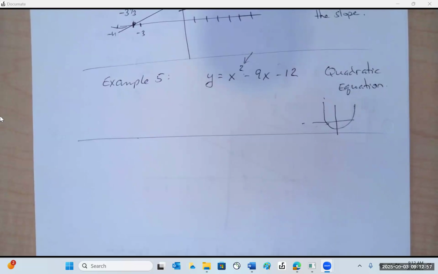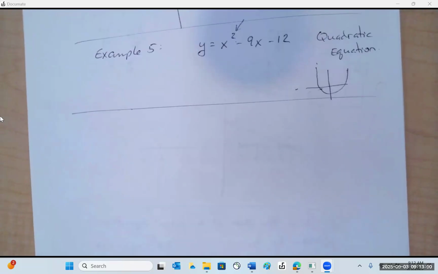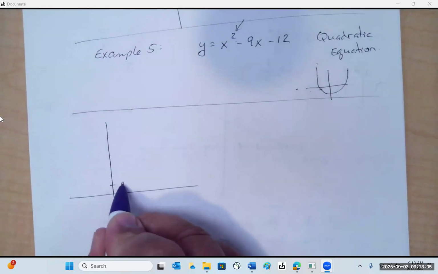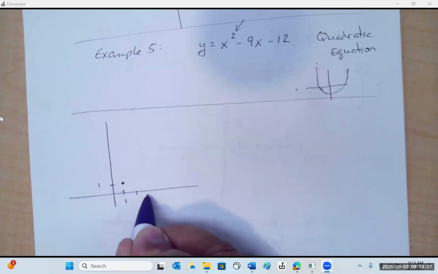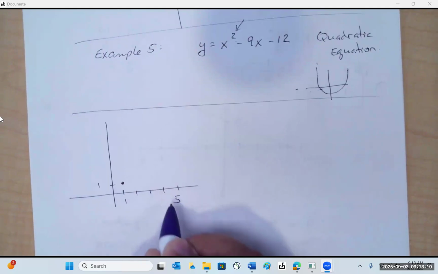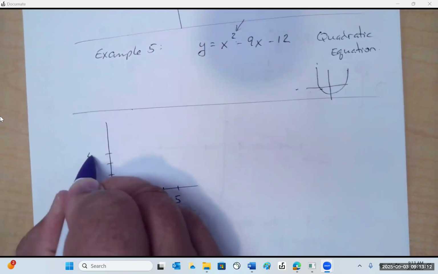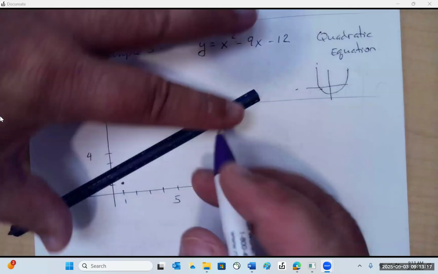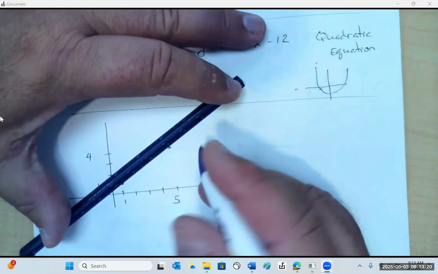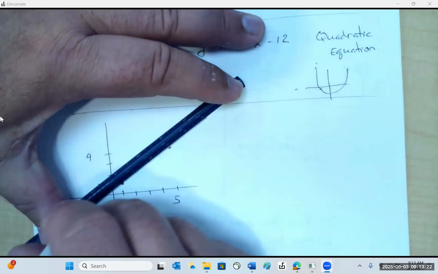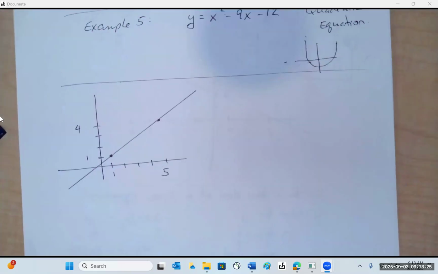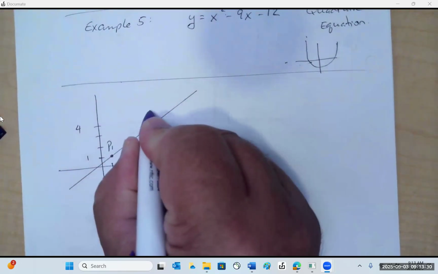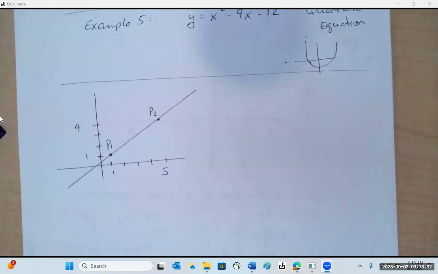All right, so we talked about slope. Back to our original picture. We have point 1 and point 2. How far is it between point 1 and point 2?